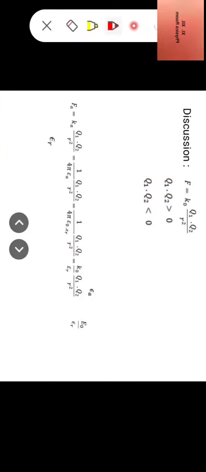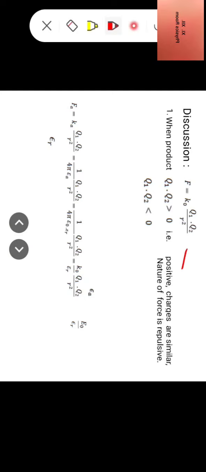Now discussion. We know F is equal to K naught Q1 Q2 by R square. Take up the first point: when product Q1 Q2 is more than 0, that is positive, charges are similar and the nature of force is repulsive.